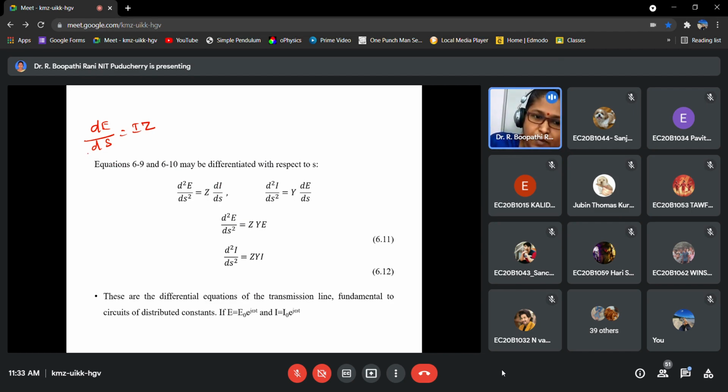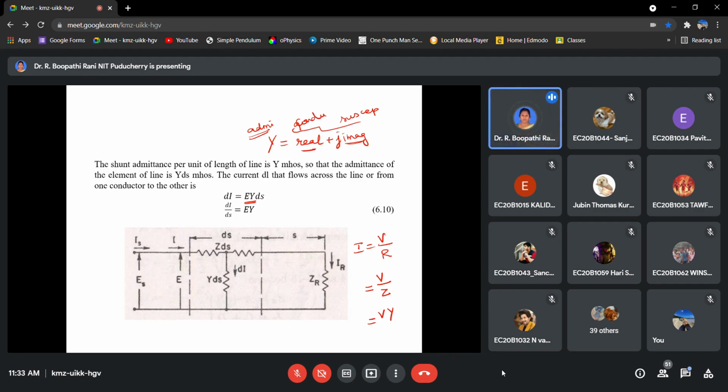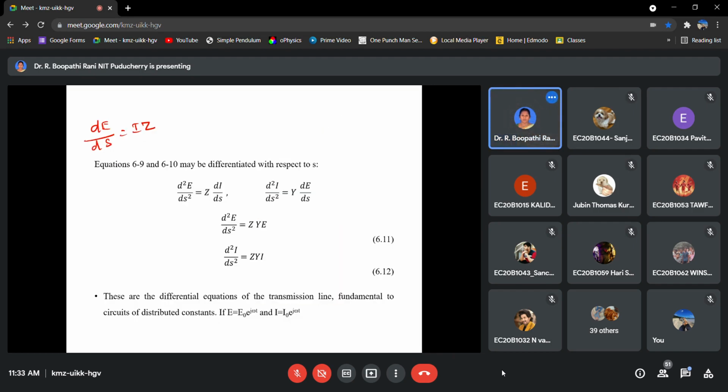This we get from the first equation, that is equation 6.9, and equation 6.10 is di by ds equal to Ey. If we differentiate this with respect to S, we get d squared I by ds squared equal to y dE by ds.